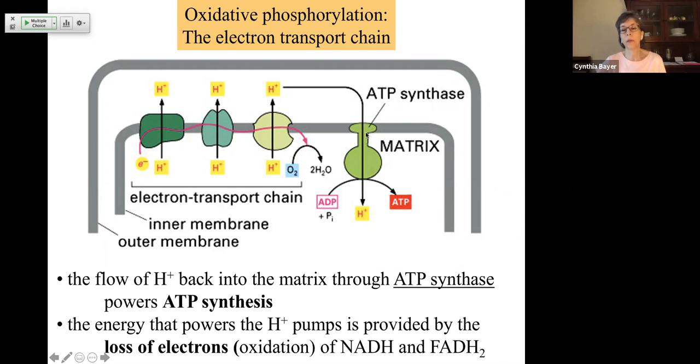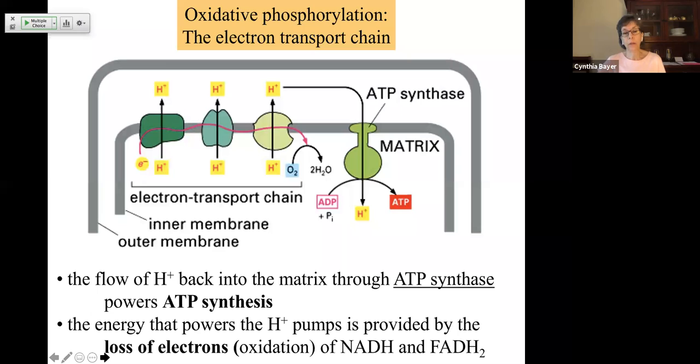The movement of those protons will drive phosphorylation of ADP to generate ATP. And so we can correlate the synthesis of ATP with the loss of electrons from NADH and FADH2. It's the oxidation of those electron carriers that will drive the synthesis of ATP.